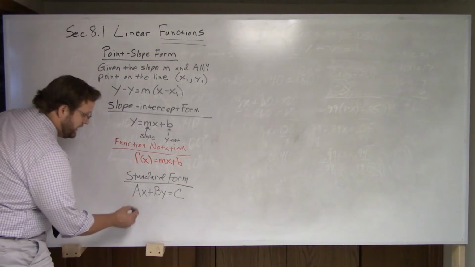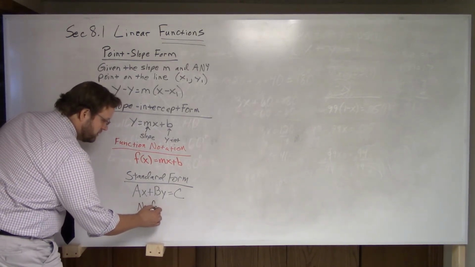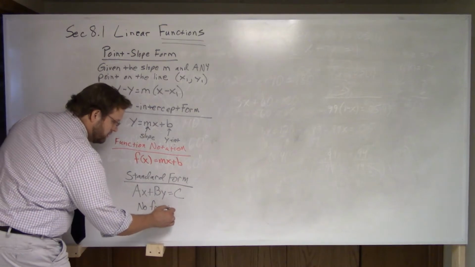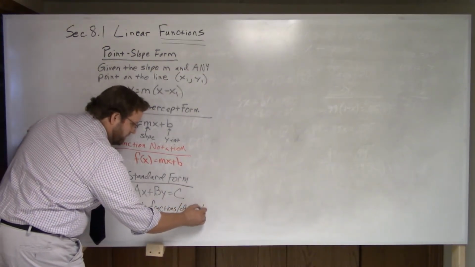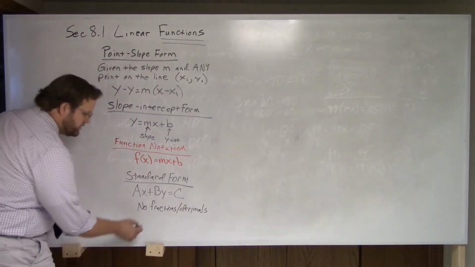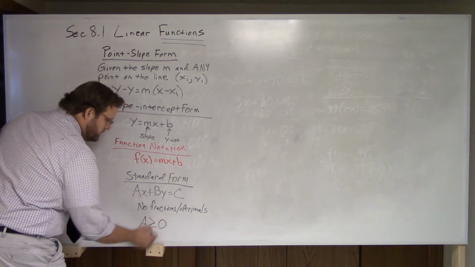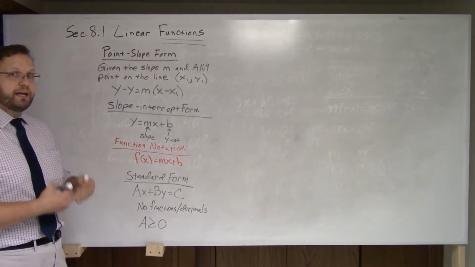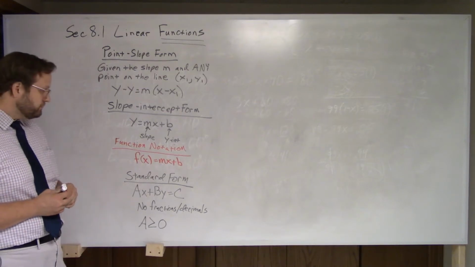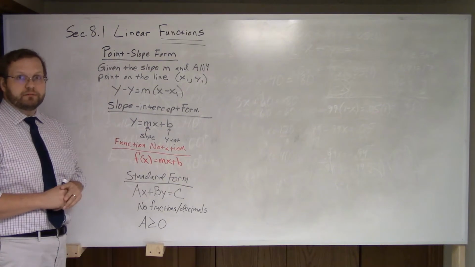The first rule is no fractions or decimals. And also a must be bigger than or equal to 0, so you cannot have a negative in front of that x term. So these are our three main forms of an equation of a line.